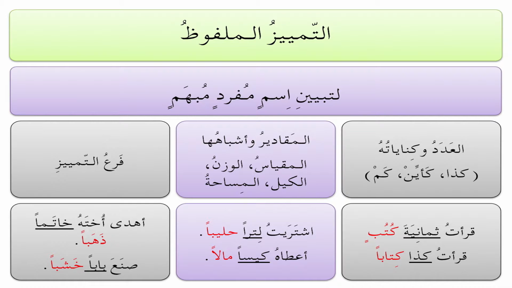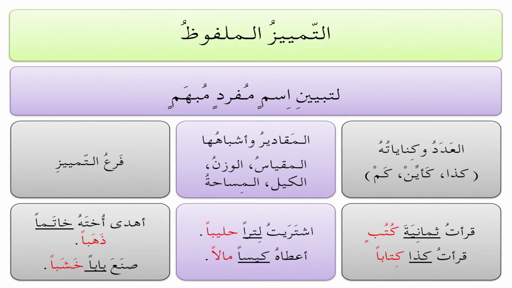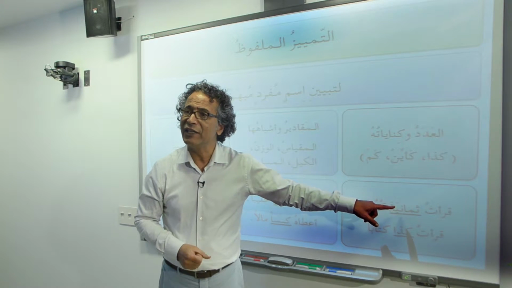In Arabic, when you use them, you're basically saying some, let's say for example, some pans. I bought a number of pans. You're not saying specifically how many you bought. So قرأت 8 كتب. Now كتب comes to clarify 8 what? 8 what?